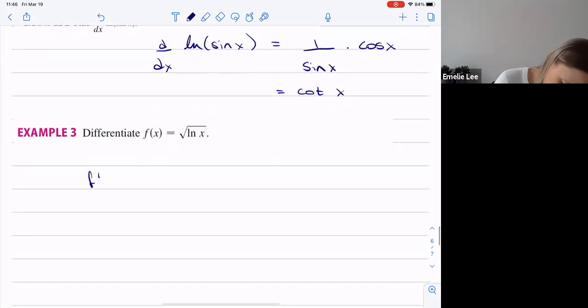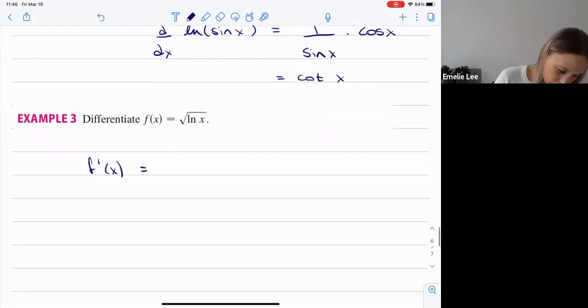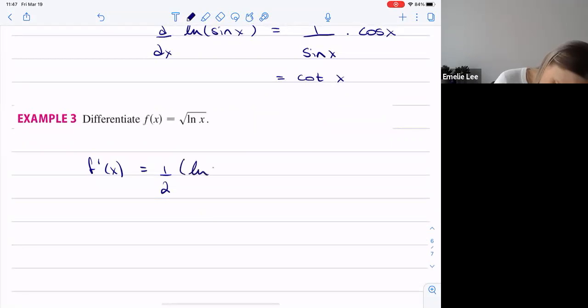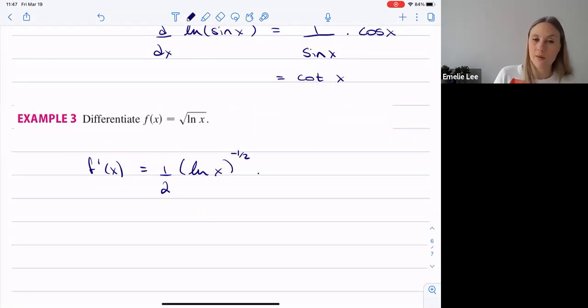So if I want to find f prime of x, that's going to be the derivative of the outside, which is ln of x to the 1/2. So I have to bring that 1/2 down, evaluate it at the inside, ln of x to the negative 1/2, times the derivative of the inside, which is 1 over x. Not bad.